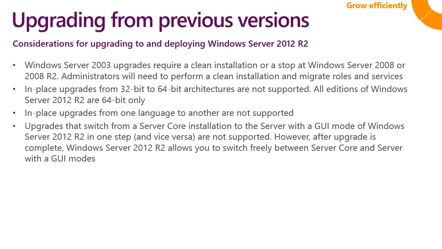So what are some of the steps you can take to do these migrations? First of all, there's no real way to upgrade Windows Server 2003 directly to Windows Server 2012 R2. And I really wouldn't recommend doing an in-place upgrade of Server 2003 64-bit to Server 2008 64-bit to Server 2012 64-bit.